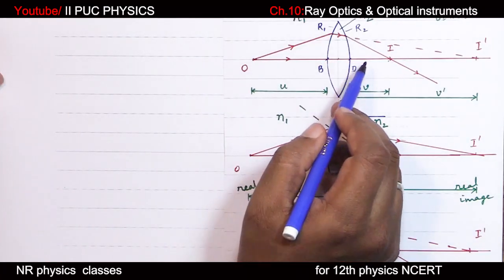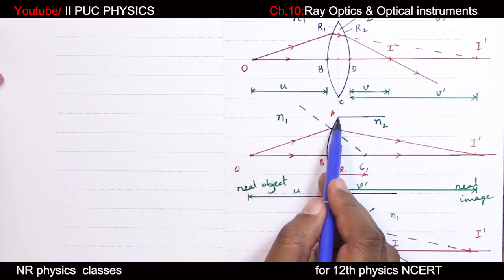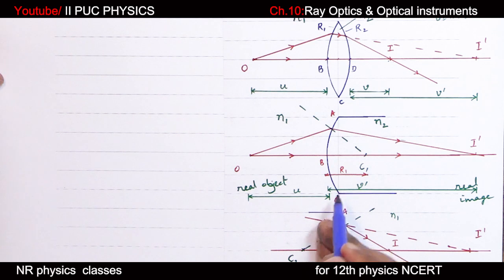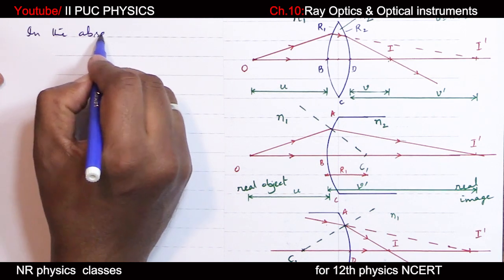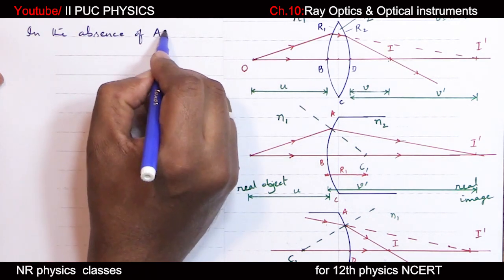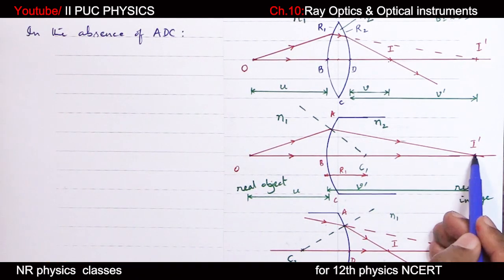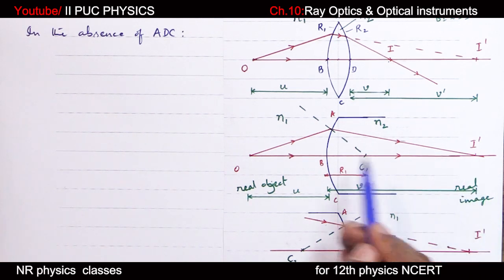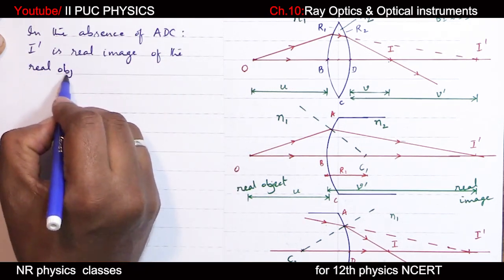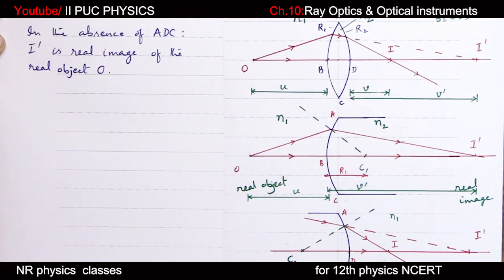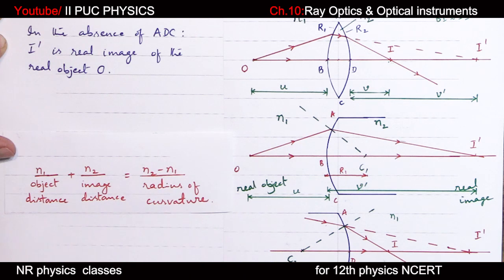Now, in the absence of ADC, that is, come to the second diagram, I dash is the real image of the real object O. In refraction through a spherical surface, we have this expression.